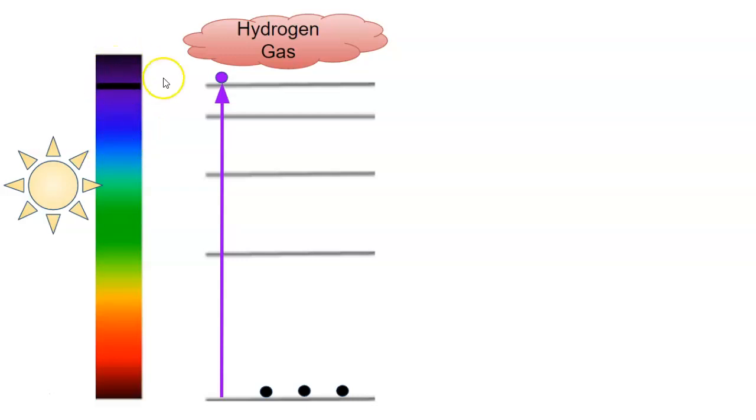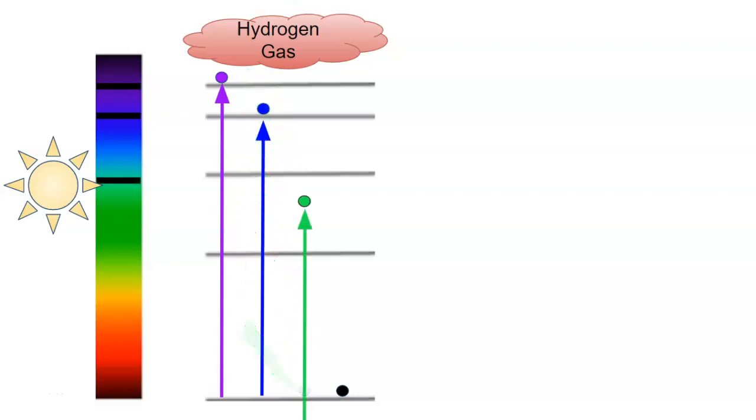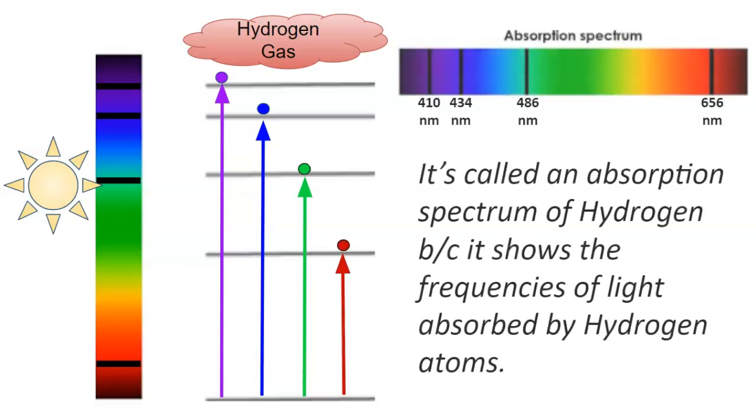It got absorbed, so it appears as a black line. If this electron absorbs blue light to transition up to the 4th energy level, then again, that disappears. Same thing with the green light, and same thing with the red light. So what happens in an absorption spectrum, you'll have black bands appearing in what looks like a continuous spectrum. And it's called an absorption spectrum because it shows the frequency of light absorbed by the atoms.